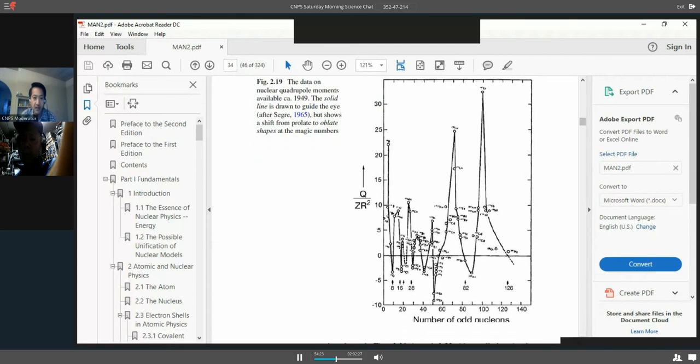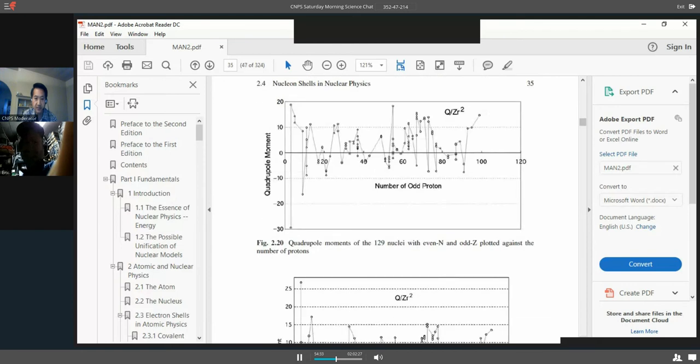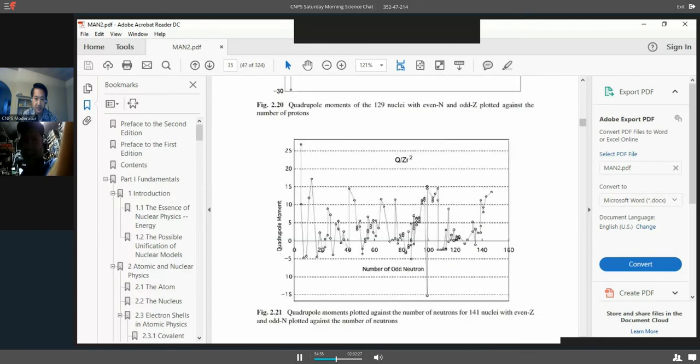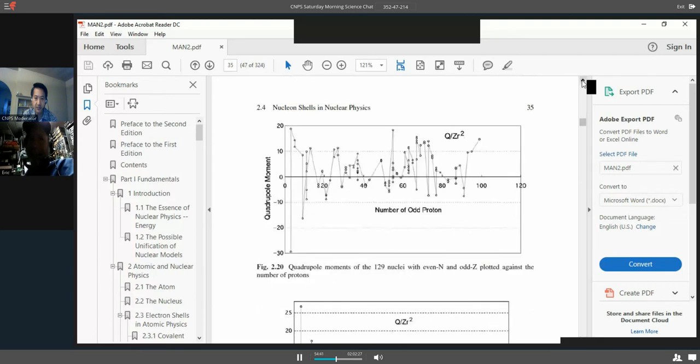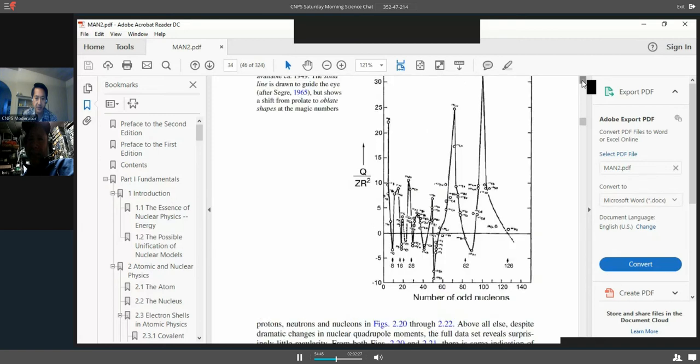So odd nucleons all have this nuclear moment. Now, do I have an equivalent chart for evens? I don't think they do, because a lot of even nuclei don't have that moment.